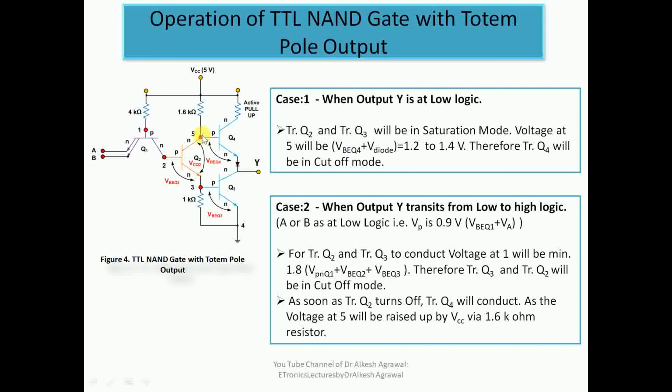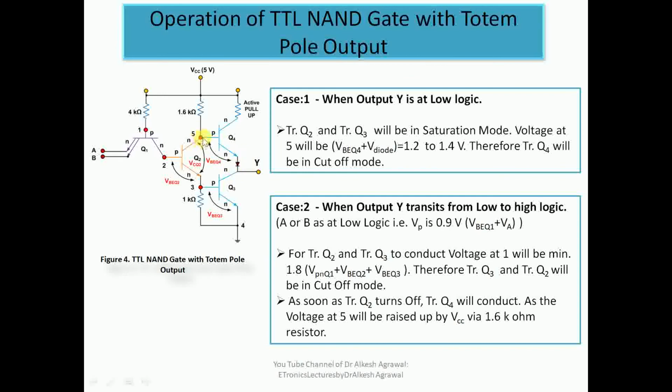Or we can see at this point, the potential so that Q2 and Q3 are on, but in order to drive this Q4 and diode on, the potential at this point must be sufficient to overcome VBE of Q4 and the diode. So this must be greater than 1.2 to 1.4 volt, minimum 0.6, at most 0.7.